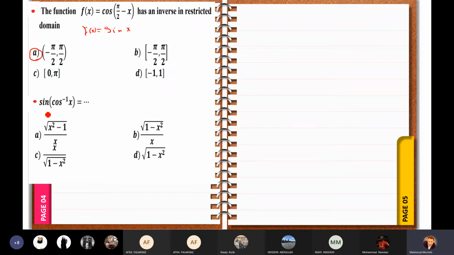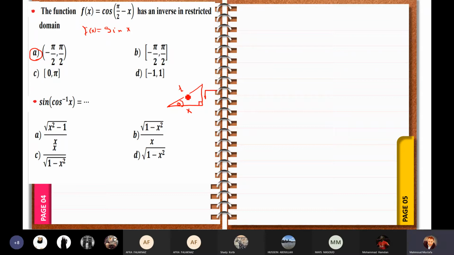Here, sine inverse of cosine of x equals what? In this case, make a right angle triangle. We have inverse of cosine is x. So we have an alpha here or theta, any angle here, and the cosine is x, means x over 1, adjacent over hypotenuse. So the third side will be what?